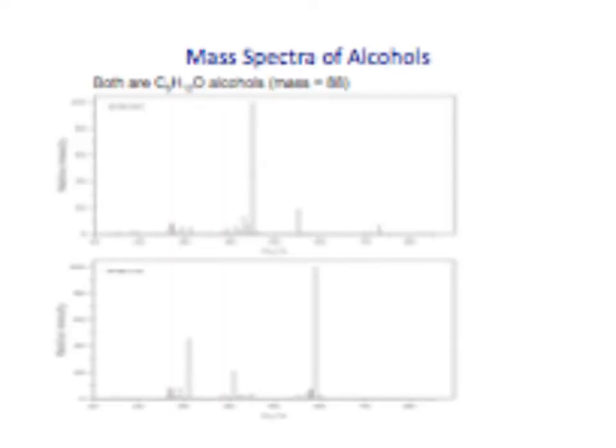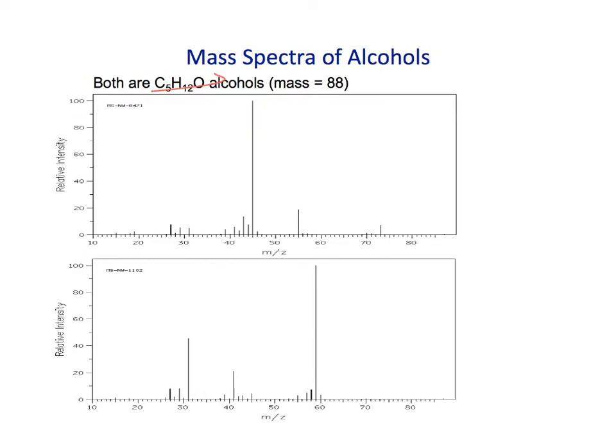Okay, so here's where we left off yesterday. We were looking at 2 mass spectra of alcohols. It says that the alcohols have a molecular formula of C5H12O, which gives us a mass of 88. Notice that in both of these cases, 88 is out here.